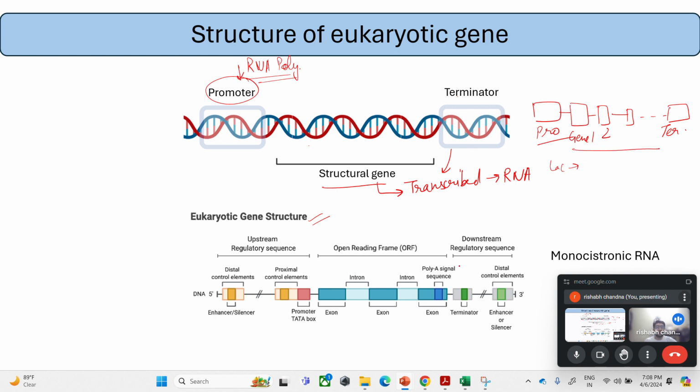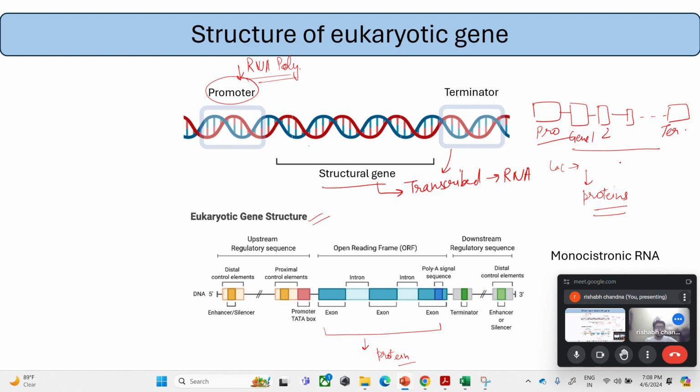But in the case of a eukaryotic gene structure, what happens? One gene is linked to a particular promoter, so we form only one protein from one particular gene. But in the case of prokaryotes, we have multiple proteins from one single mRNA.